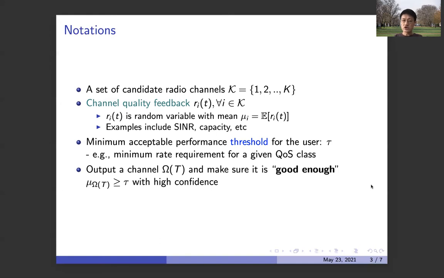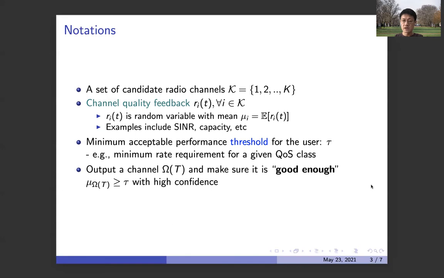In addition, we define a minimum acceptable performance threshold for the user. Let's say this is tau. What is this really about in practice? This can be thought of as the minimum rate requirement for a given QoS class, or the maximum delay that can be tolerated for a given application, and so on.